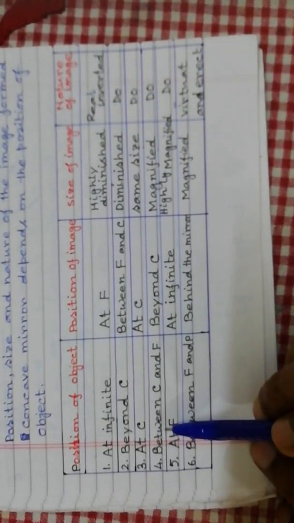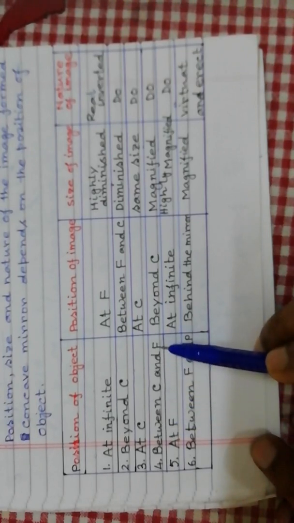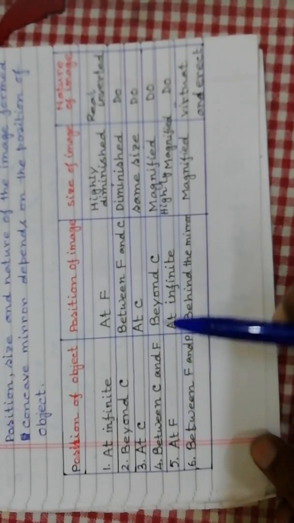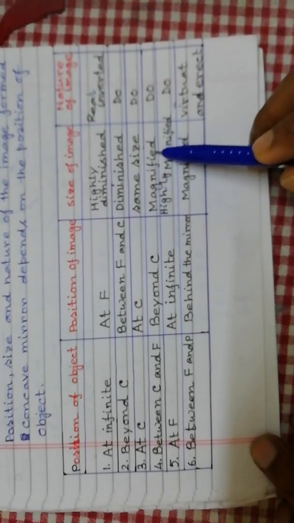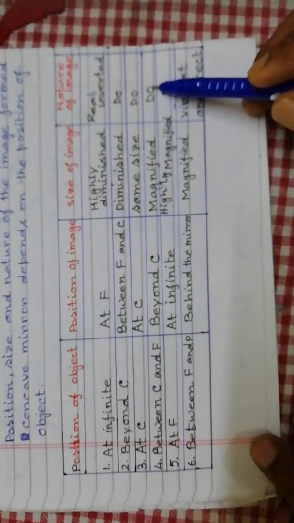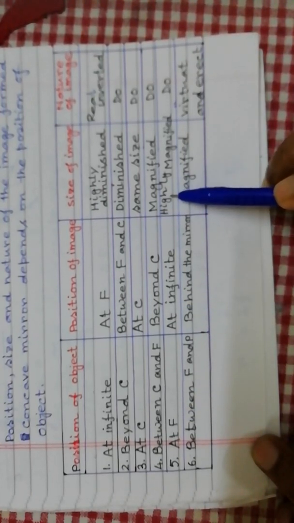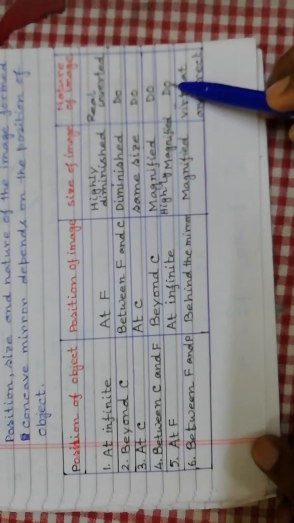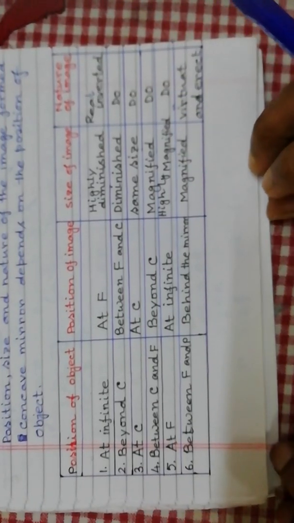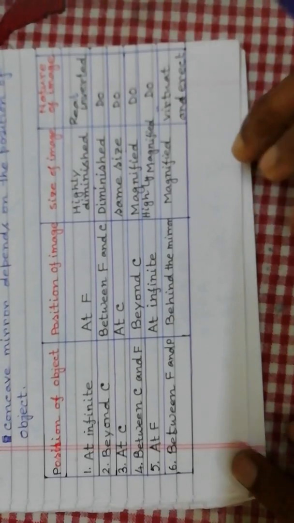Now the object is placed between C and F, then the image is formed beyond C, magnified, real and inverted. Now the object at F, image at infinity, and it is a highly magnified image, real and inverted.